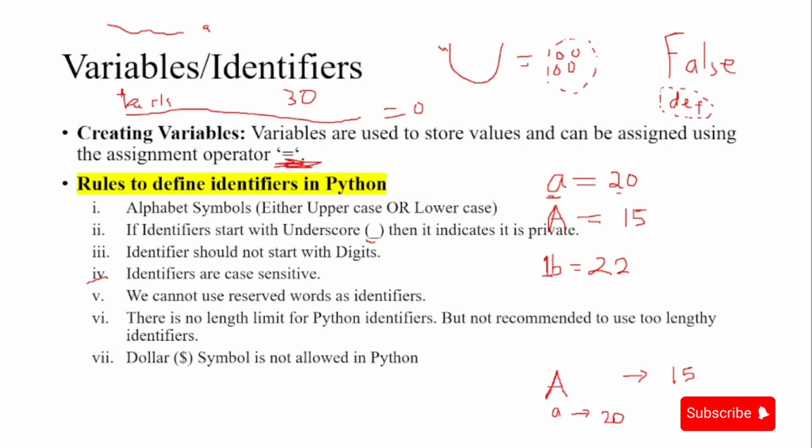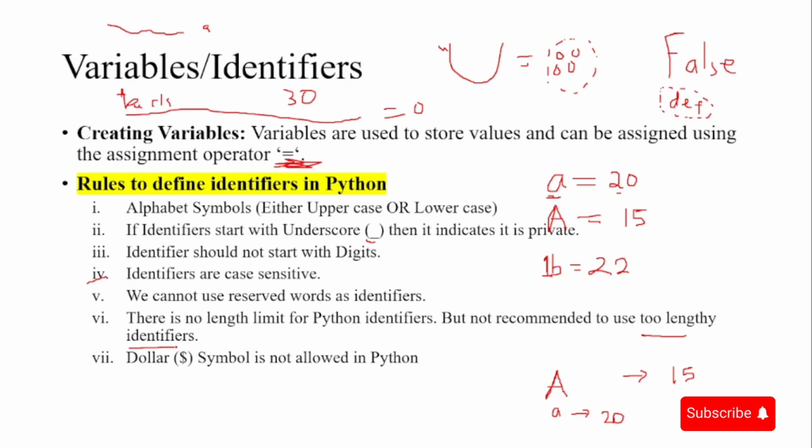That is a whole name you're combining together to make an identifier. So there is no length limit for a Python identifier, but it is not recommended to use too lengthy identifiers, so you should avoid them.